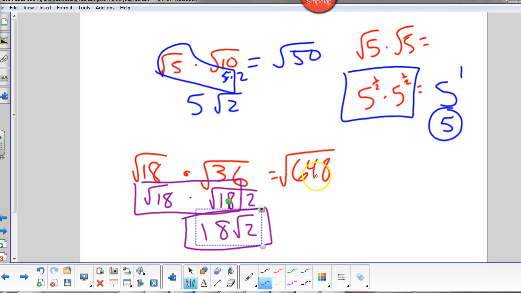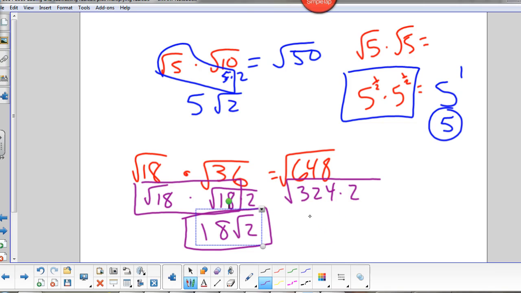Now I could maybe see that this is 18 squared, which happens to be 324. So this is 324 times 2, and the square root of 324 is 18.